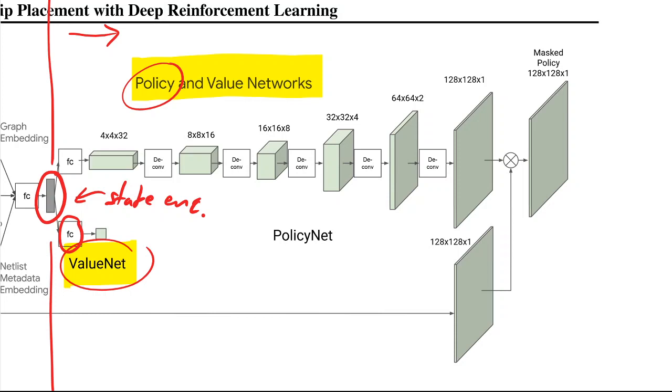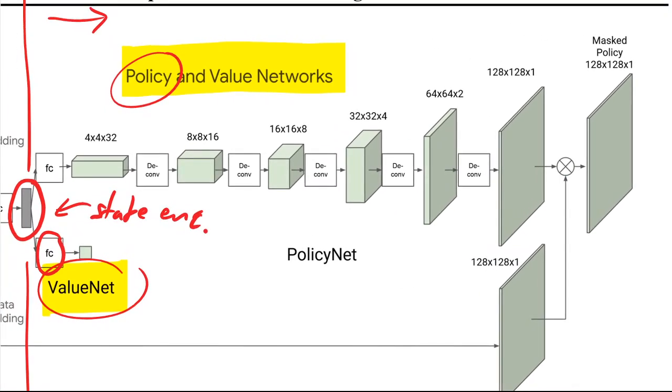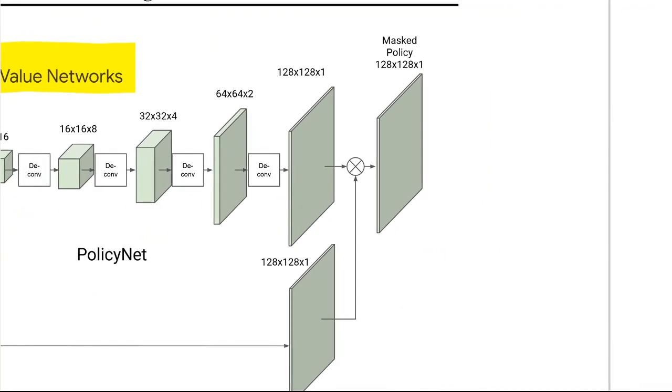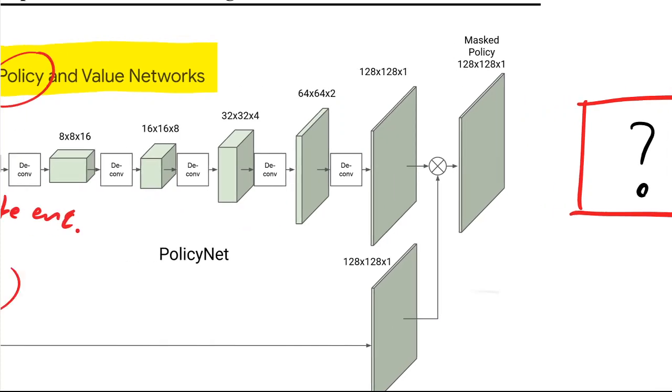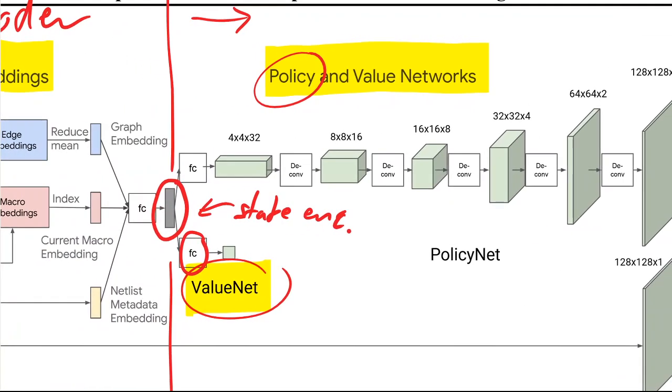The policy is a bit different because usually in reinforcement learning, you just have a list of actions, right? You just say, I have these 16 buttons on my controller, you can press them. Here, if you look at this chip from above, we have a question: where do you want to place the next thing? So in order to do that, we take this embedding of the state and run it through a series of deconvolutions.